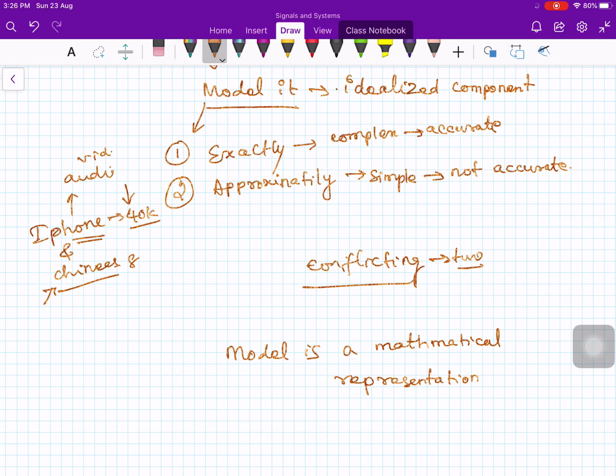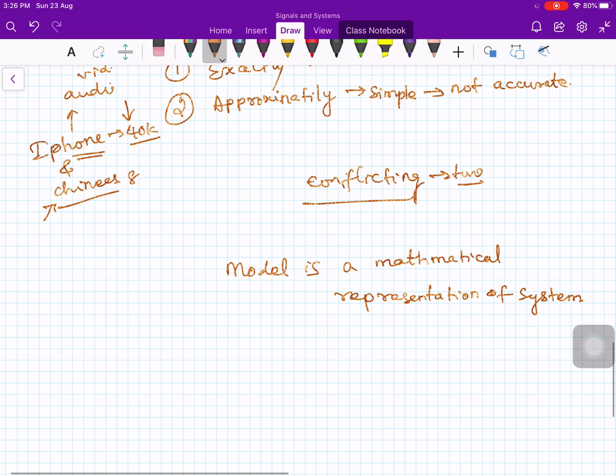So the first step is you have to model for a given system. Concept to model, and model to mathematics. It is an idealized representation, so the actual physical system is something different. If you model it, the model will not be the same as it is when you compare it with the physical system.